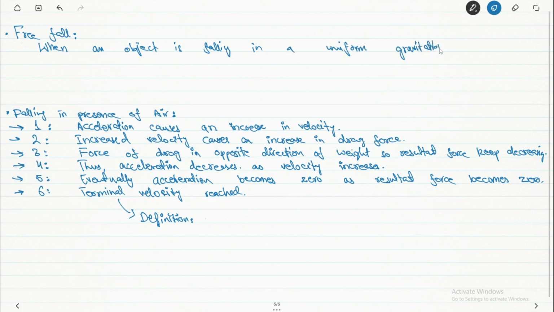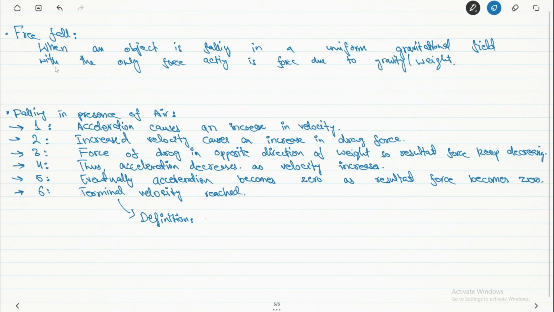Gravitational field with the only force acting is force due to gravity, which is also called weight, right?